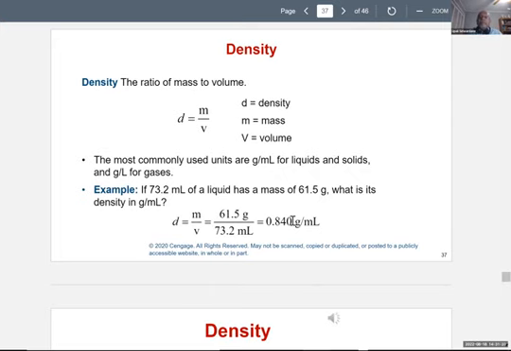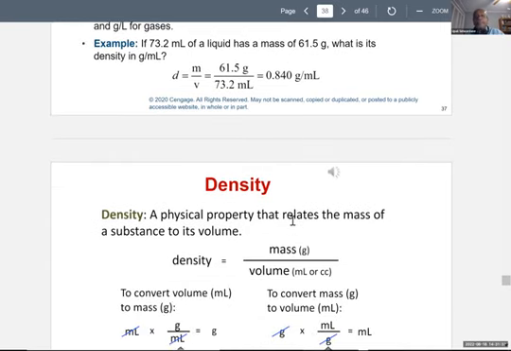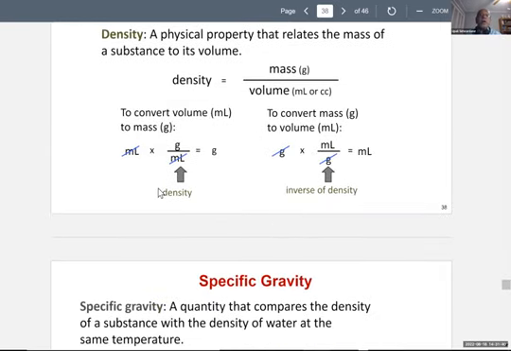So density is calculated by dividing mass by volume. Density could be used to calculate: if you knew the volume of a sample and the density, you can get the grams using the conversion factor, which is the density. If you knew the grams, you can get the milliliters of sample using the flip side, with grams here to cancel out.